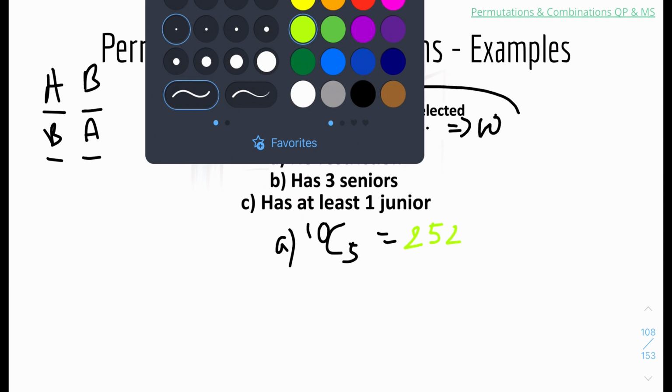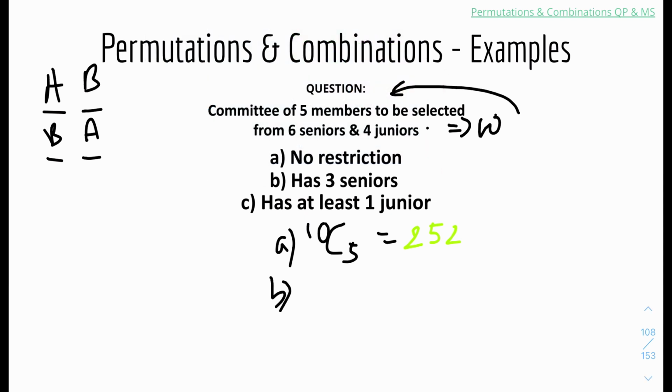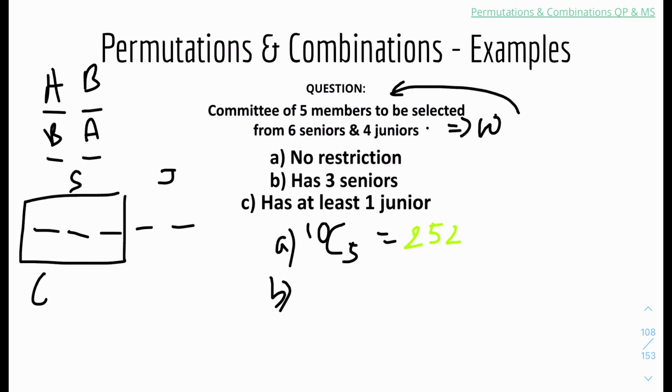Then we have part B, which has 3 seniors. Let's draw the line out again: 1, 2, 3, 4, 5. So 3 have to be seniors. Let's reserve these for seniors, and these for juniors. There are 6 seniors in total, and they have to be fitted into 3 different slots. So it will be 6C3, because persons A, B and C will be the same as B, A and C. This will be multiplied by the juniors.